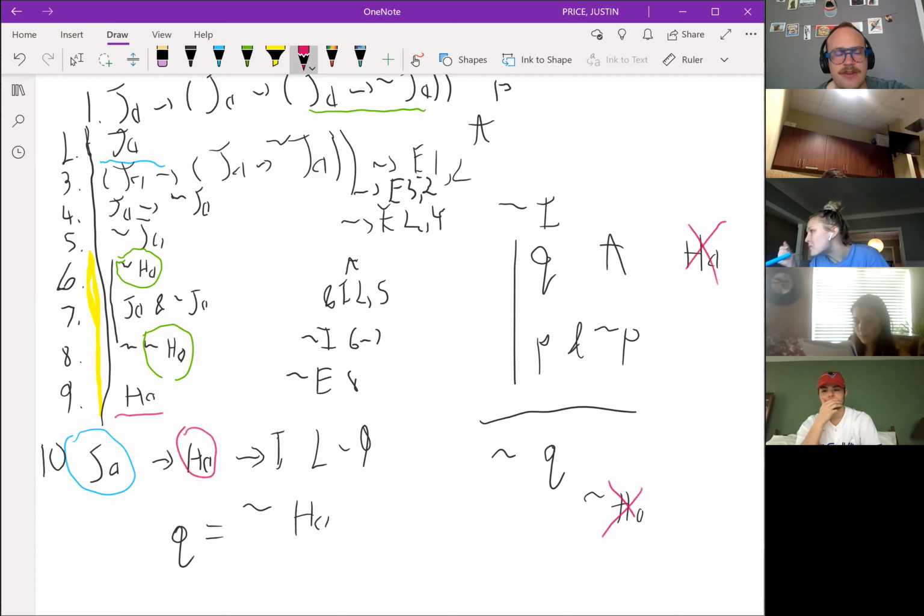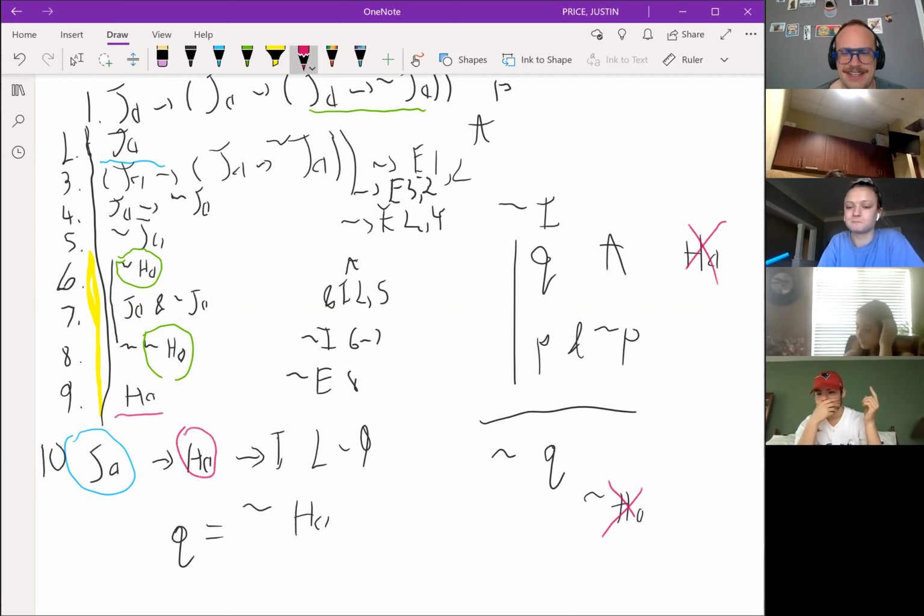So negation introduction as a rule of inference is informally saying this: look, if we assume something, we get a contradiction. So the opposite of that thing has to be true. Does that make sense, Madison?